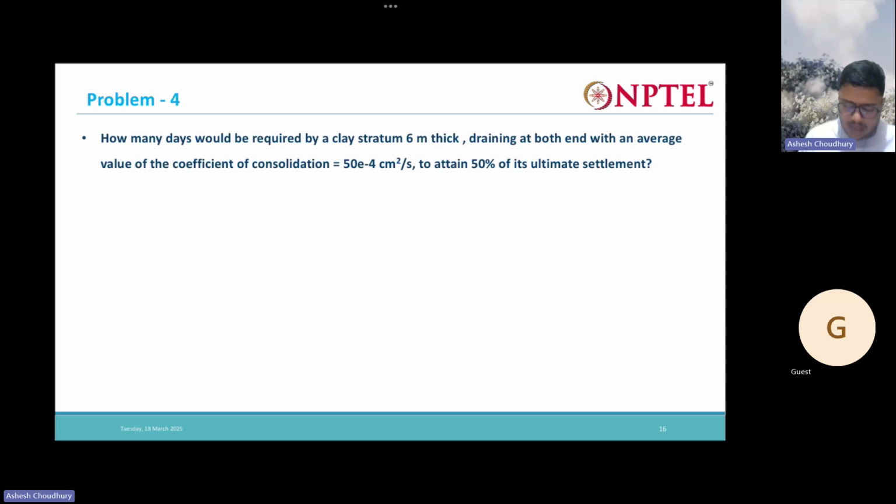Let's see this. How many days would be required by a clay stratum 6 meter thick, draining at both ends, with an average value of the coefficient of consolidation as this much, to attain 50% of its ultimate settlement?